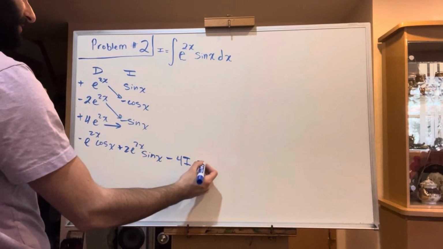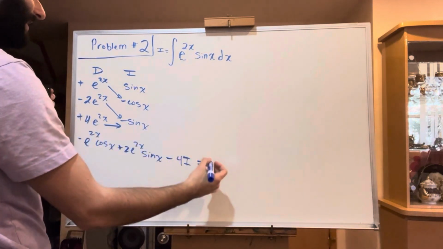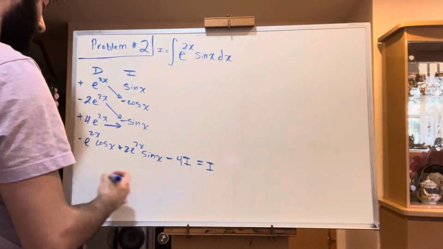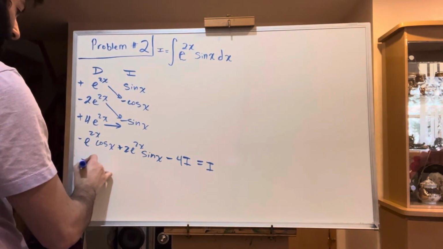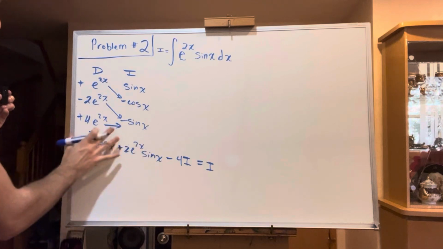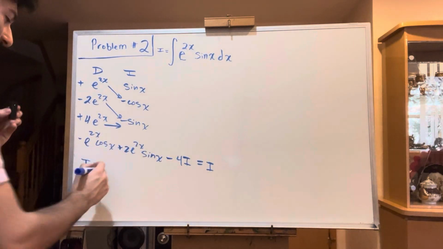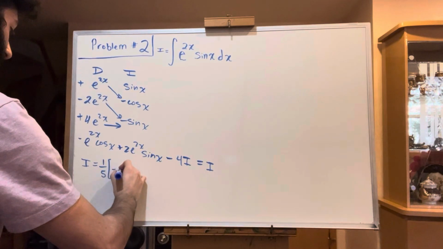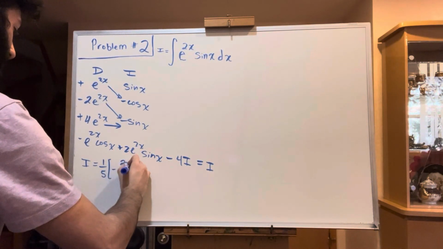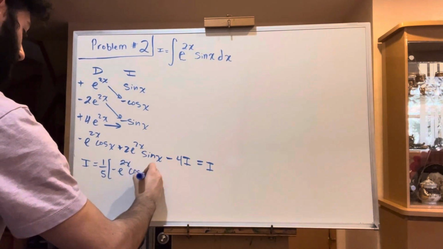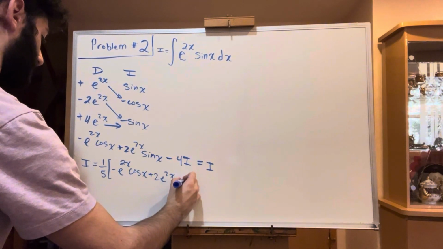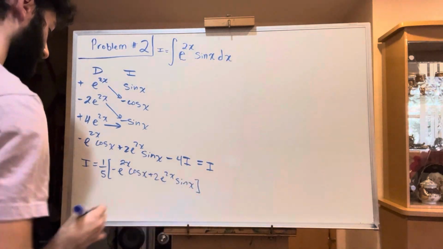And this whole thing was initially equal to I. So all we have to do is solve for I, and we get that I is equal to all this junk divided by 5. So 1/5 times negative e to the 2x cosine x plus 2 e to the 2x sine x. And there we go.